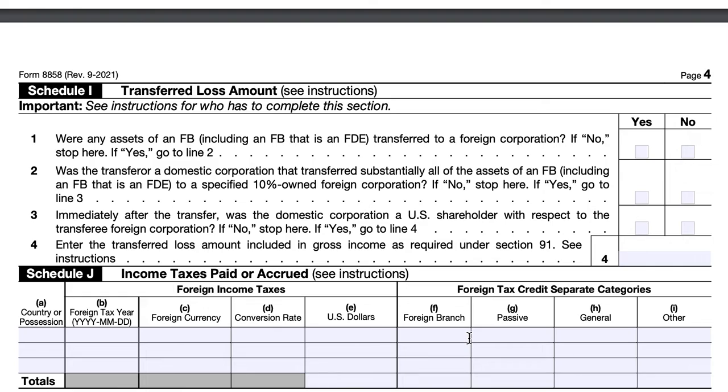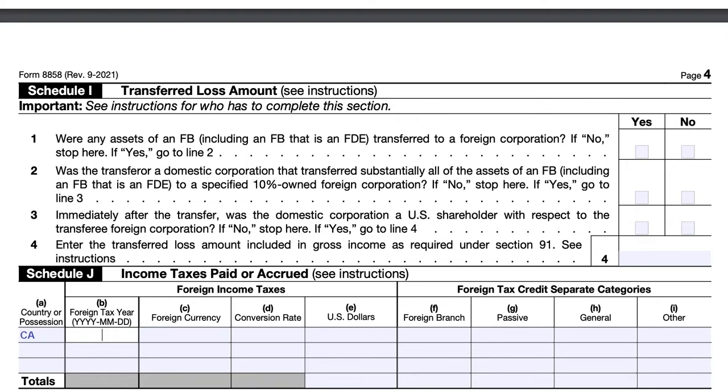So you're already calculating the foreign and domestic taxes that you've paid or accrued. And you're going to calculate this based on, let's see, here, country of possession. Do not try to write the entire name. The IRS keeps a unique code for each country on the website. So the code for Canada happens to be CA.